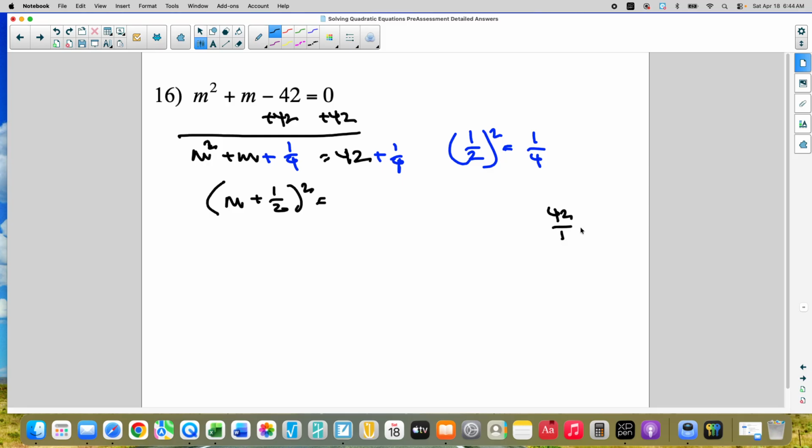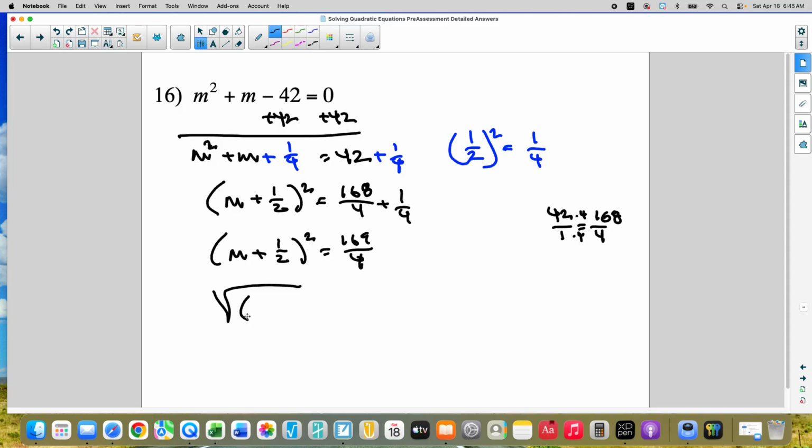42 over 1 into fourths, so I can have a common denominator. I'm going to multiply by 4, which gives me 168. So 42 is 168 fourths plus 1/4. So that gives me m plus 1/2 quantity squared equals 169 fourths. That shouldn't scare you. You have a calculator at your disposal during the test.